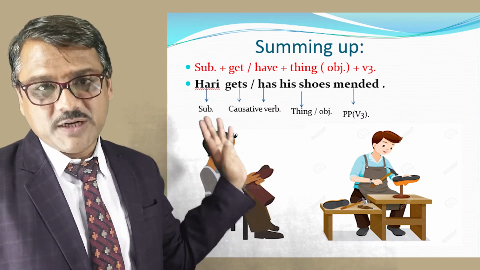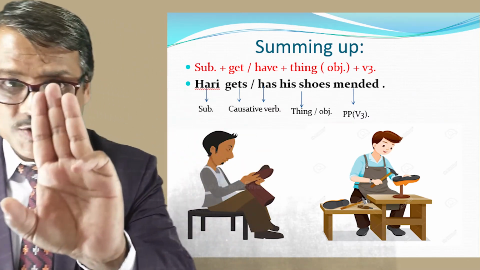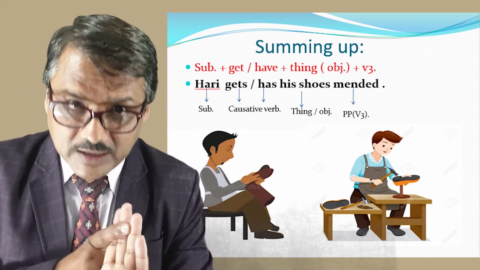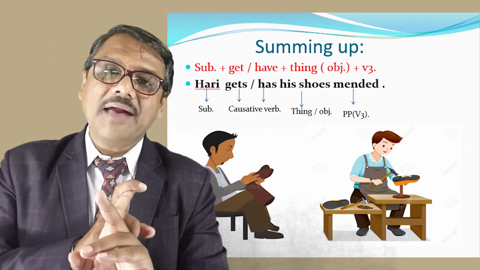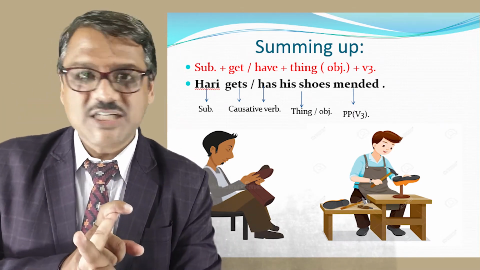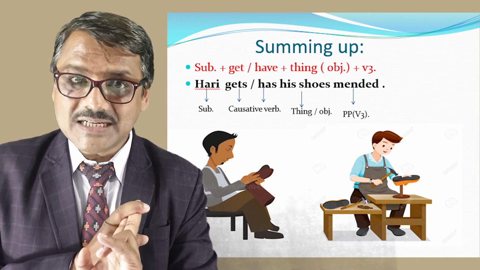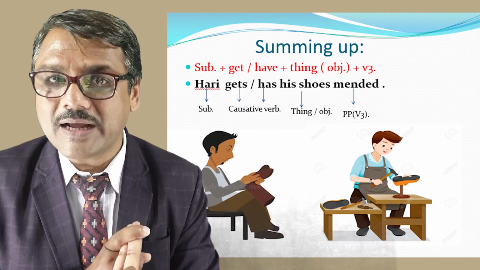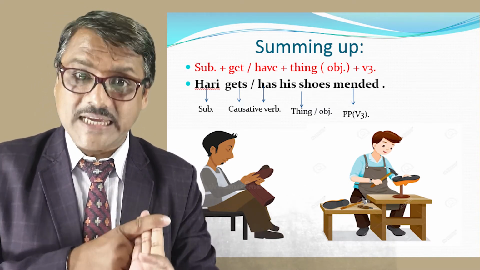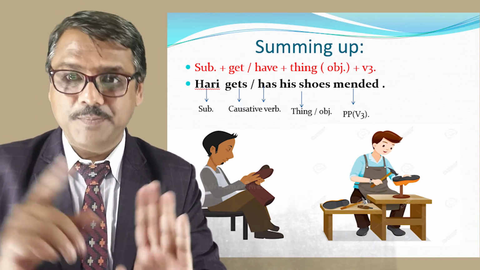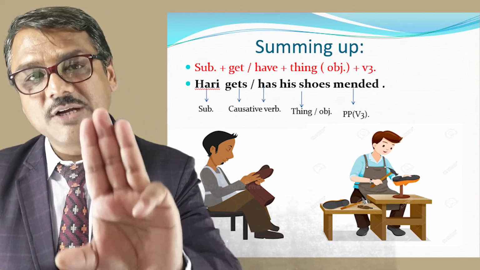From examination point of view, you remember three structures now. Three structures now that are: make/have agent base form of the verb, get agent to infinitive, to plus verb 1, and get/have object PP. These are the main three structures.